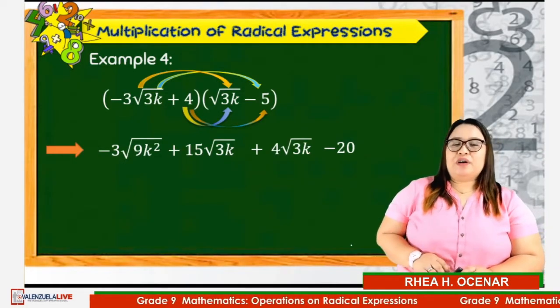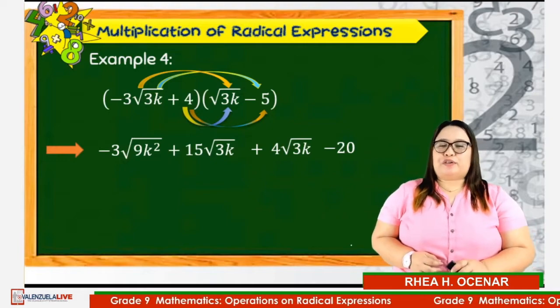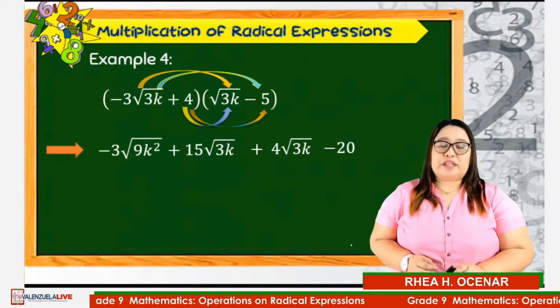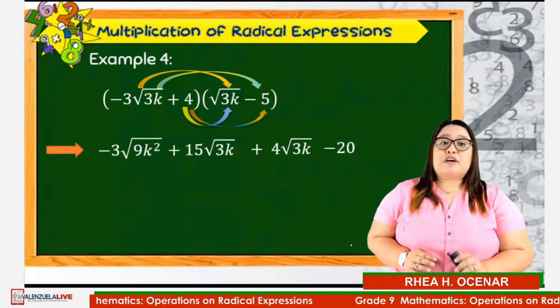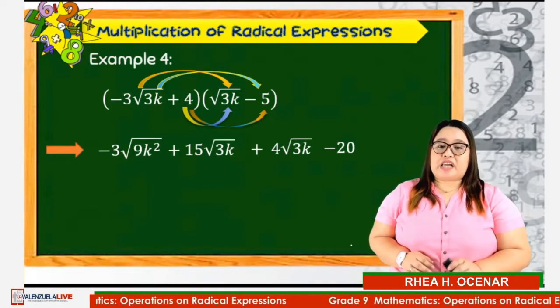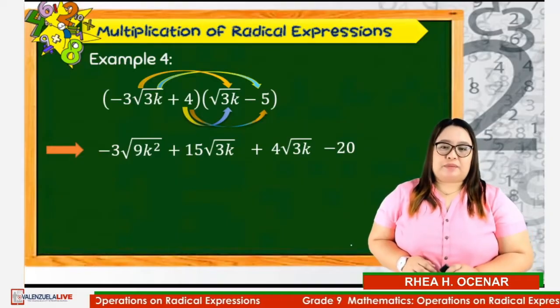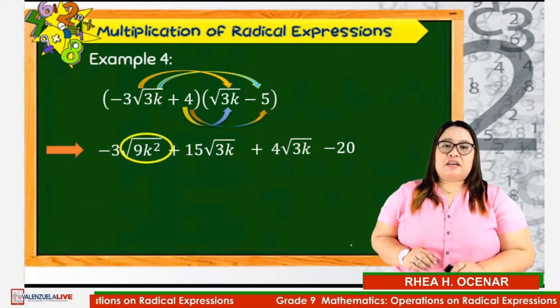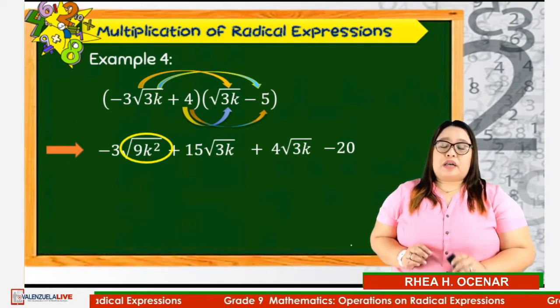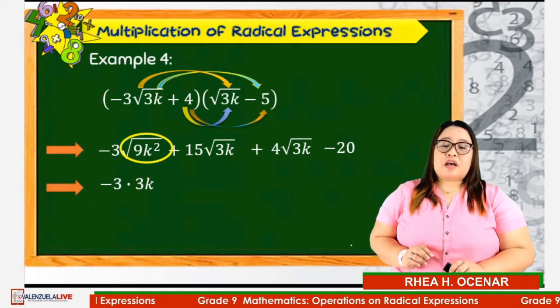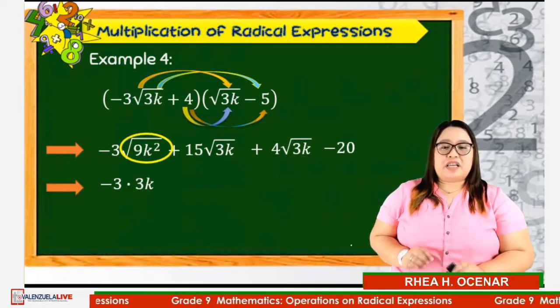We have now negative 3 square root of 9k squared plus 15 square root of 3k plus 4 square root of 3k minus 20. Simplify: square root of 9k squared is equal to 3k, so negative 3 times 3k.